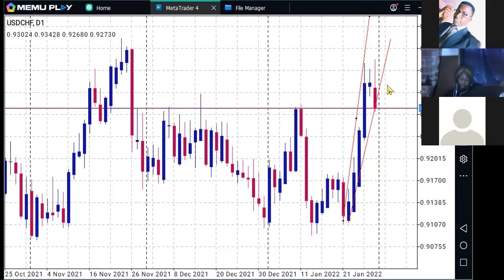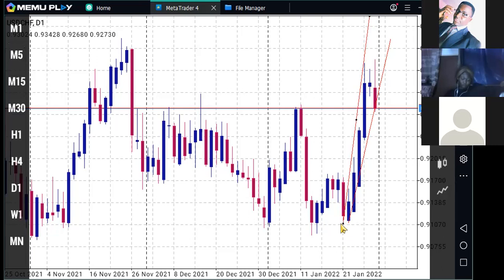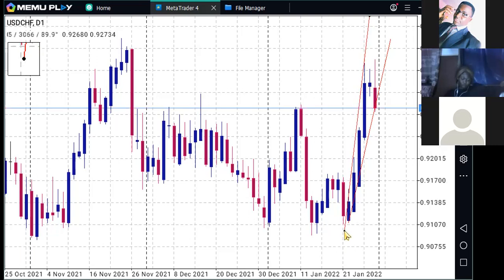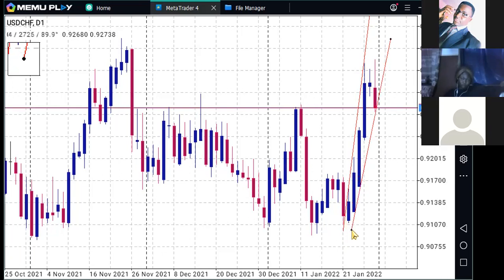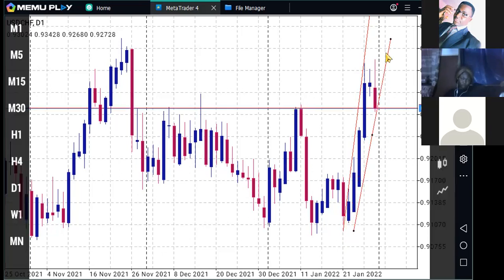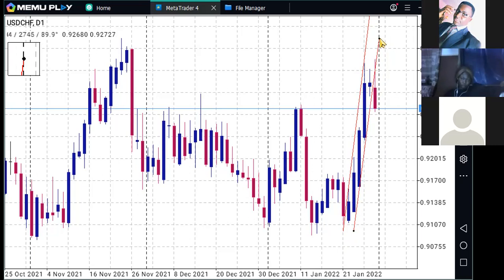So this has been the trend line from the daily time frame. So like here, price failed to move upward again, and we just have the market acting on that side.